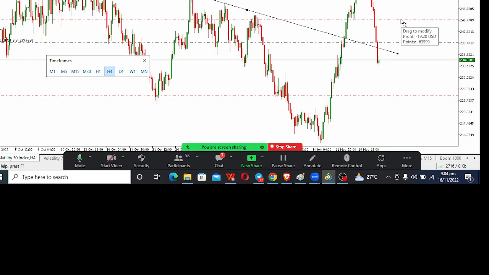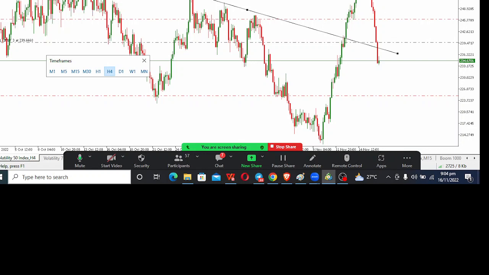So it means that 3,333 points would give you $1 on Vol 50 with the least lot size. So if you double the lot size, it means you are going to get double of it. Yes, so this is how you can calculate your points if you are trading with a laptop.